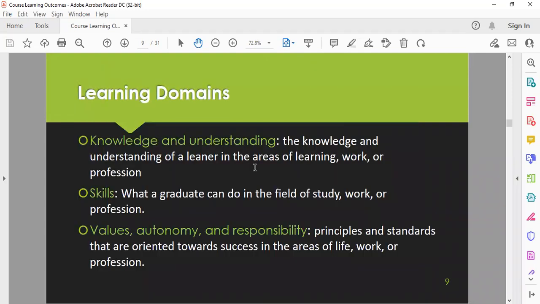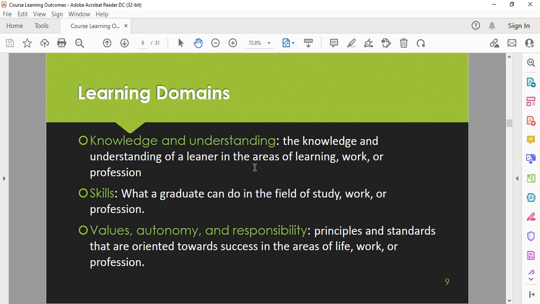And the learning domains are the same in terms of headings, but the content is different, and sometimes slightly different, which requires careful, critical reading in order to see the differences between learning domains in different levels. So the learning domains are knowledge and understanding, skills, values, autonomy, and responsibility.